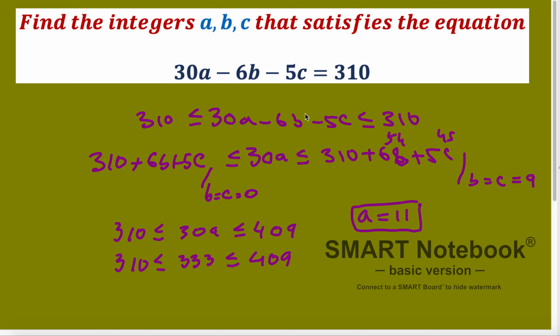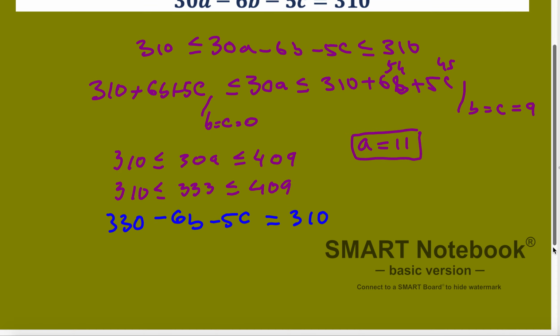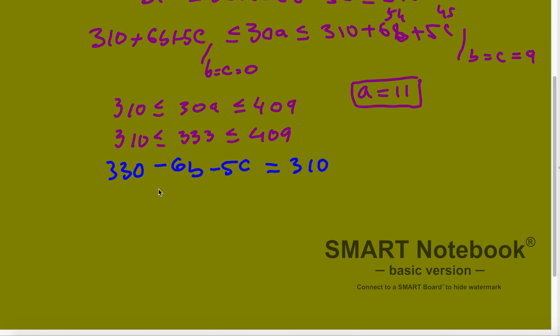So a is equal to 11 satisfies this inequality. But now we are going to plug a equal to 11 into this equation and see what we get. Let me write in a different color. 30 times 11 is going to be 330. So 330 minus 6b minus 5c is equal to 310. Let's do some algebraic calculation and rearrange this equation.